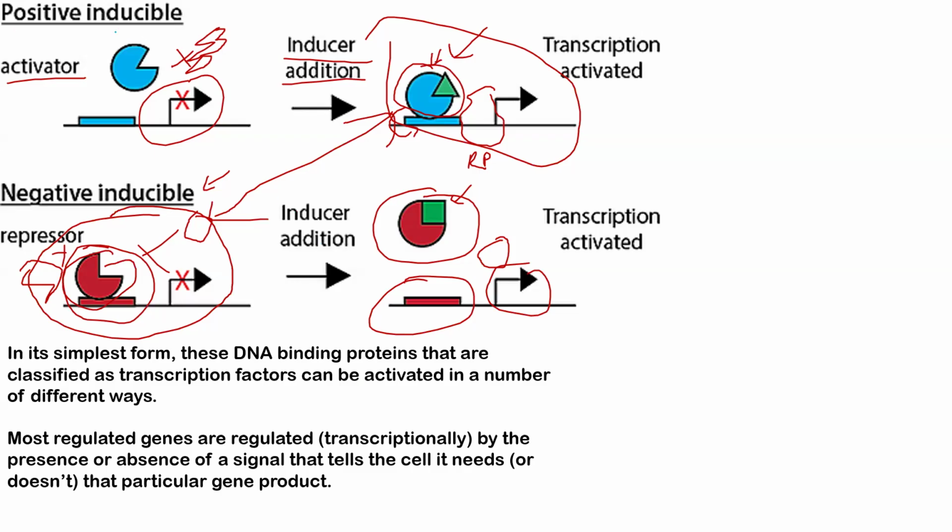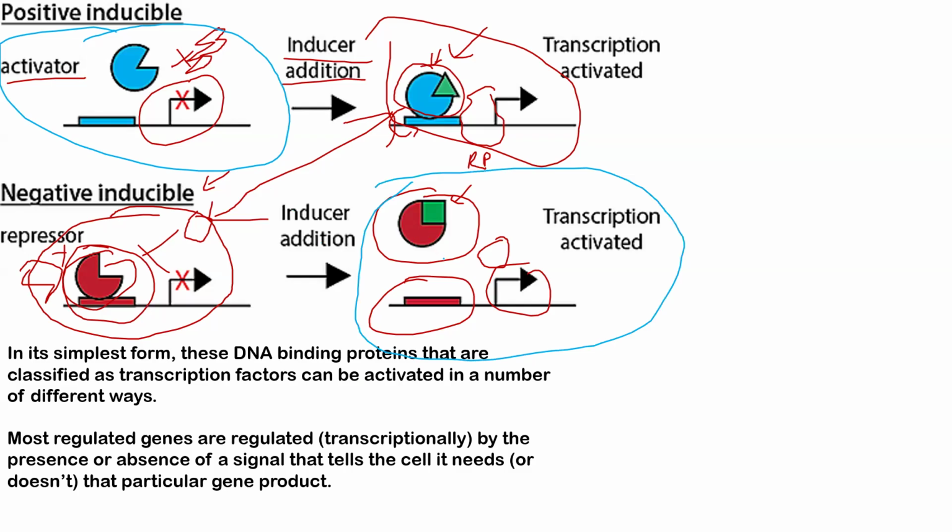So it would be the ability to take an activator off, right? So if you had an activator and you were able to take the activator off the cis element because of the addition of a molecule, then you would prevent transcription by the removal of that activator, which is the same thing as inhibition.